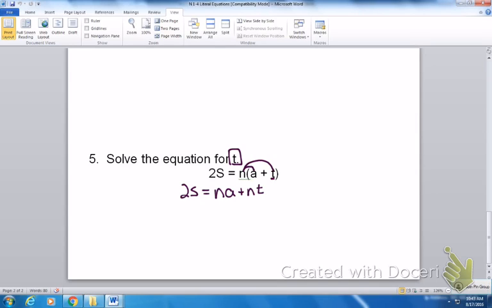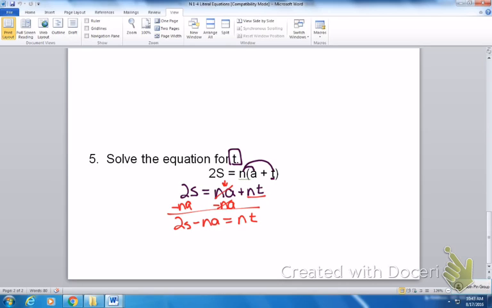Now our whole goal is to solve for t. Well, t is attached to n over here, but I notice there's no t involved with na, so I can subtract na to the other side. Well, 2s and na don't mix, so I'm going to have 2s minus na equals na minus na canceled and leaves us with nt. Now we've done this a couple of times today.